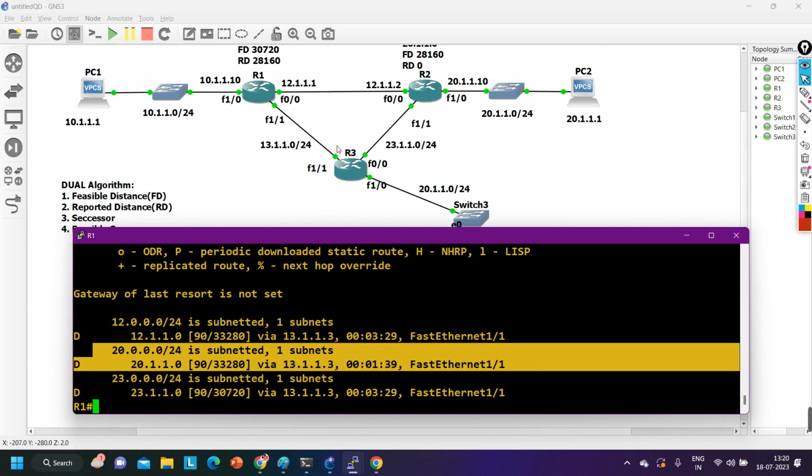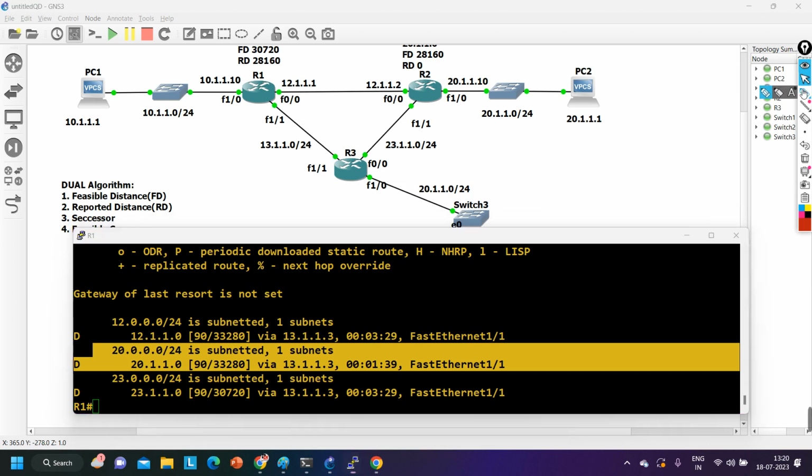Yes. The connectivity between R1 and R2 is down. So router 1 should have received information about network 20.1.1.0 from R3. Yes, through R3.